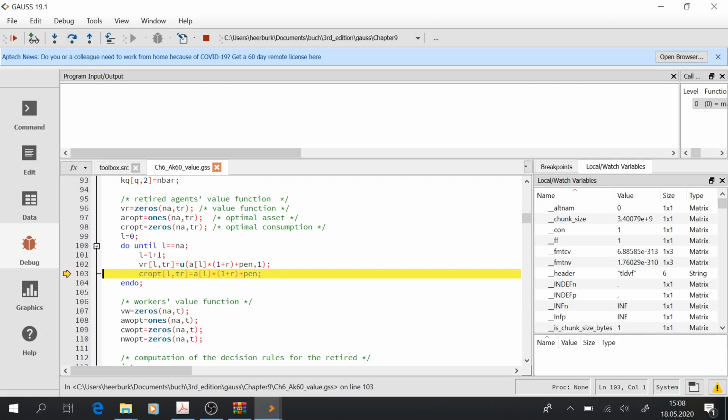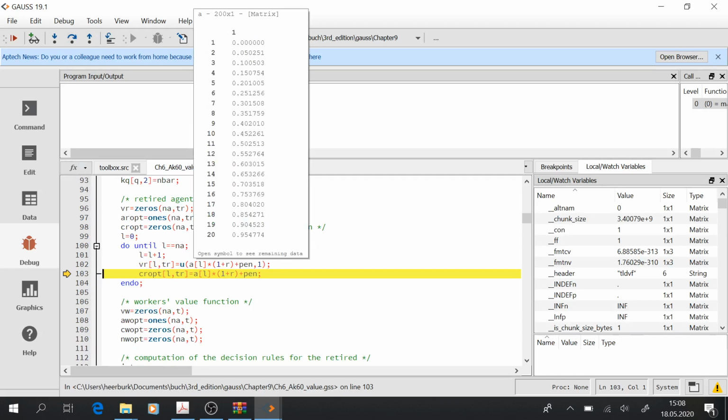So in this case, we do the loop. Our first grid point is 0. Our second grid point is 0.05. We always compute the interest income plus the pension income, set it equal to consumption, and compute utility of consumption and leisure equal to 100%, and store the values in the value function.